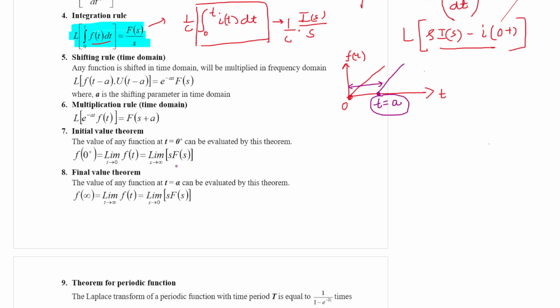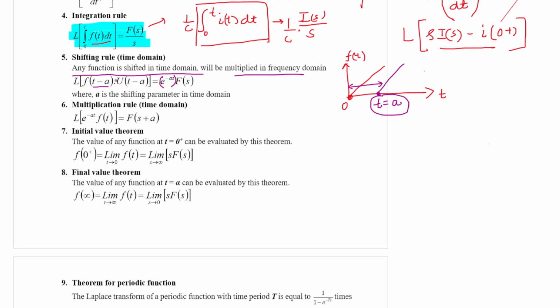Exactly this rule, rule number 5, highlights this property: if any function is shifted in the time domain, then if we apply the Laplace transform, it will be multiplied in the frequency domain. So you see, this is the shifting parameter t minus a, then this same amount will be multiplied in the frequency domain with the exponent term e to the power minus as.